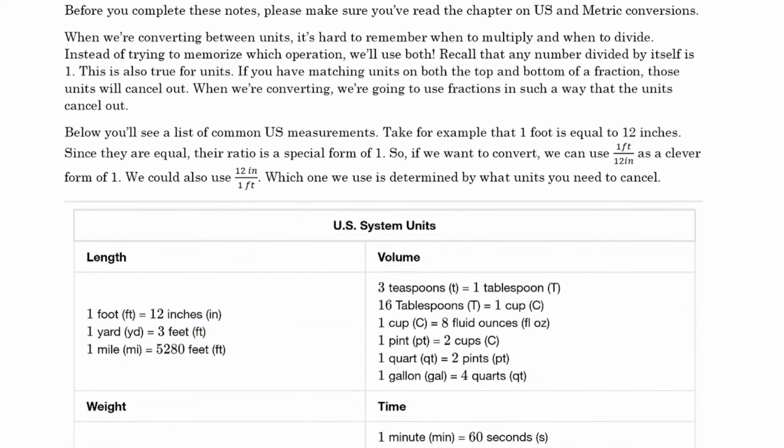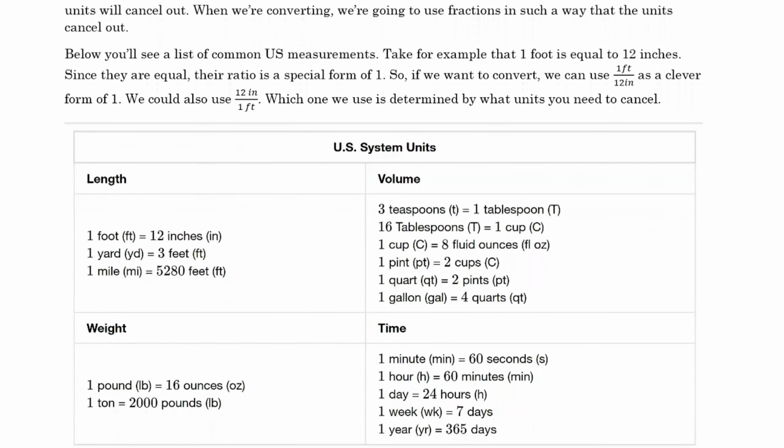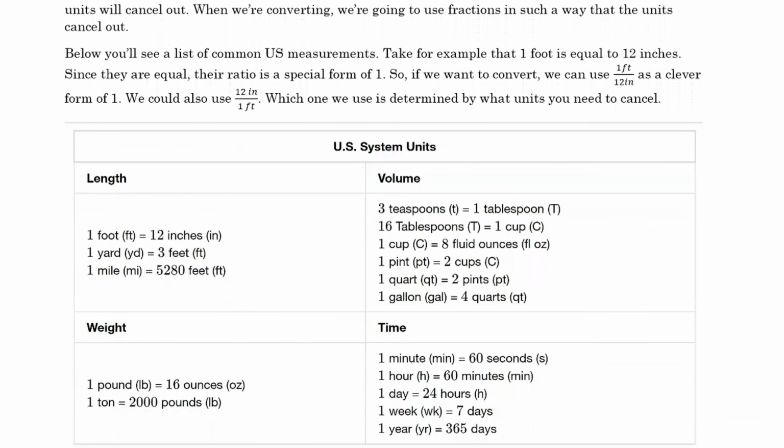Here's a list of common U.S. measurements. Let's think about one that everybody generally knows. 1 foot is equal to 12 inches. Since they're equal, the ratio of 1 foot to 12 inches is called a special form of 1.